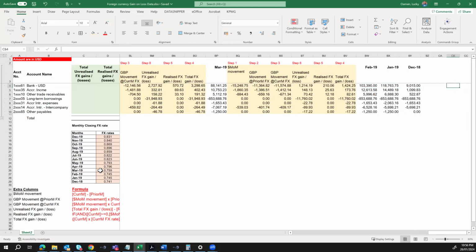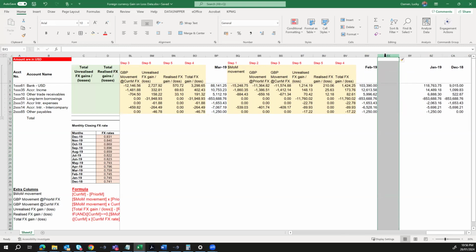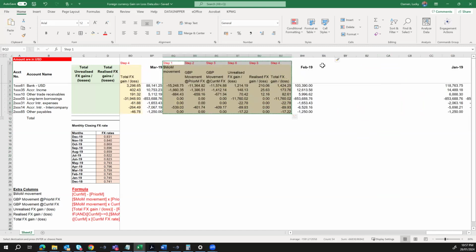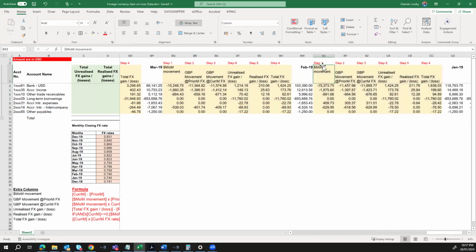Then I'm left with February and January. Create 6 additional columns. Copy and paste steps and formulas. Then adjust my step 2 rates to become January rate.